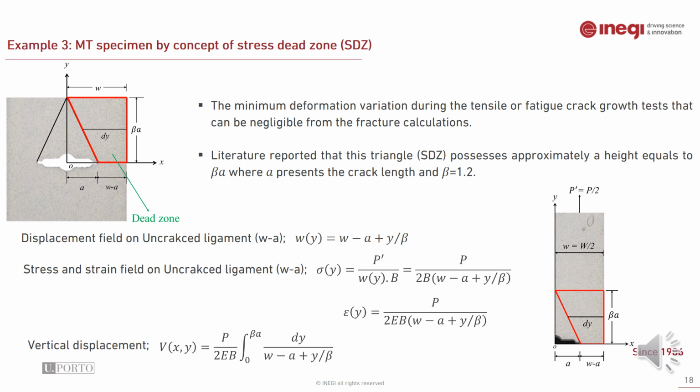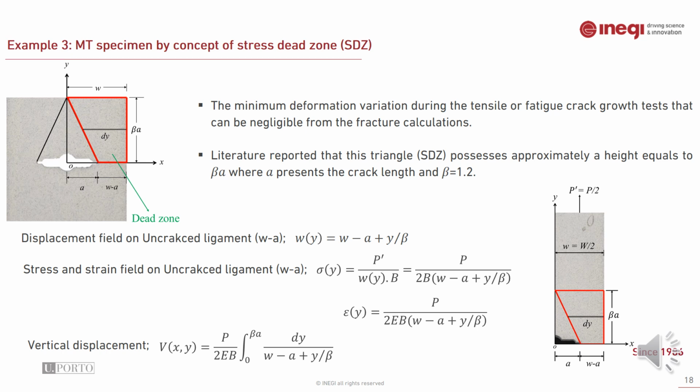The stress dead zone concept is a novel concept, or not novel, but it links classical mechanics to modern fracture mechanics. In the image on the left, it is possible to see that the triangle is going to be our stress dead zone area, which has a height of beta multiplied by the crack length.